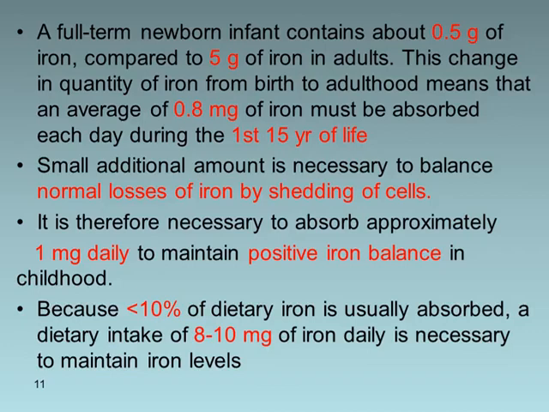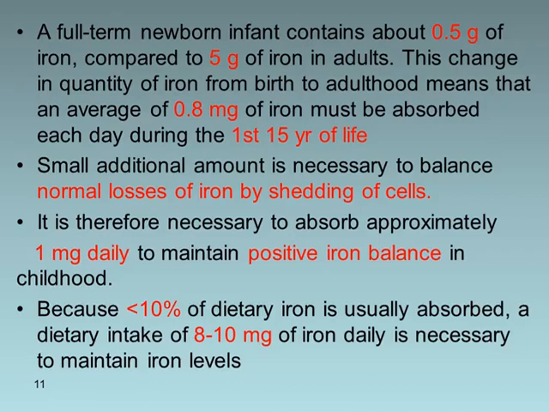To understand the process, a full-term newborn baby or infant contains about 0.5 gram of iron, while the adult contains 5 grams of iron. This change in the quantity from birth to adulthood means that an average of 0.8 milligram of iron must be absorbed each day during the first 15 years of life.